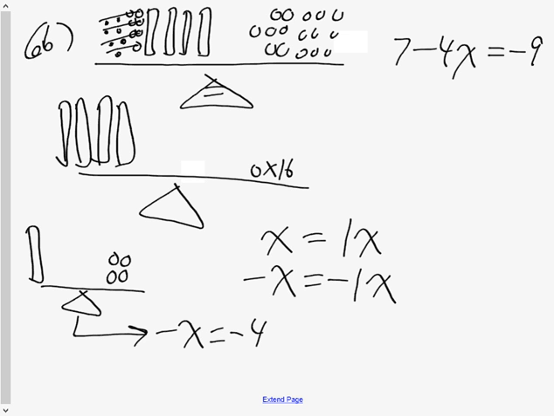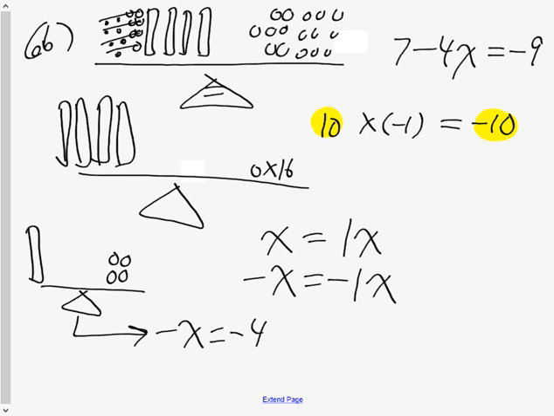The reason that's important is because if you think about numbers and their opposites, if you take any number like the number 10 and you multiply it by negative 1, you get negative 10, right? So when you multiply a number by negative 1, what kind of number do you get? You get its opposite, right?